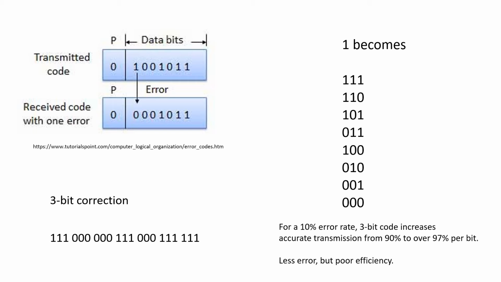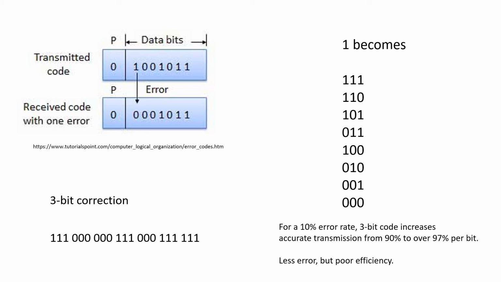So there's only a less than 1% chance that you would end up getting 100, and the same analysis applies for 010, the same analysis applies for 001, and for you to end up getting 000 when I meant to send 111, that's a 0.1% chance.